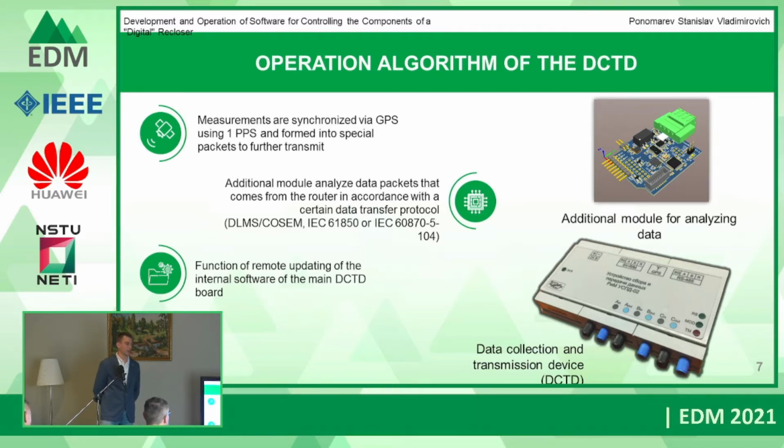So this is like a gateway for all the data from the upper systems. And the next function of this module is remote updating. So you can update the software of the motherboard of this component with this additional module. So it's very useful for operational systems.